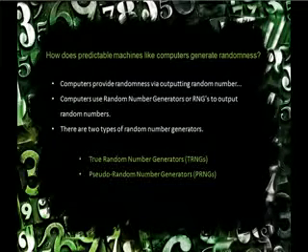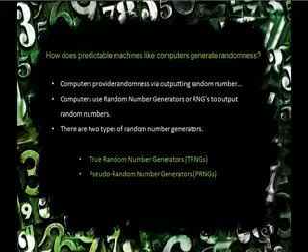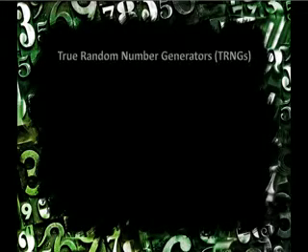There are two types of random number generators: true random number generators (TRNGs) and pseudo-random number generators (PRNGs). In our research, we focused on pseudo-random number generators, but it'd be useful to have an idea about true random number generators as well, so let's take a minute and talk about how true random number generators work.